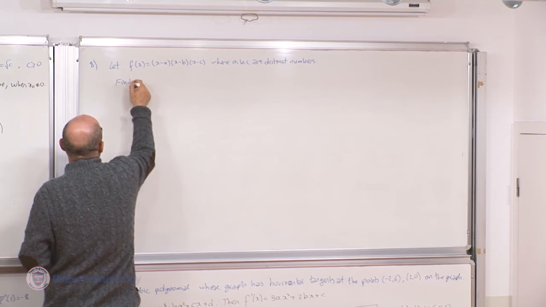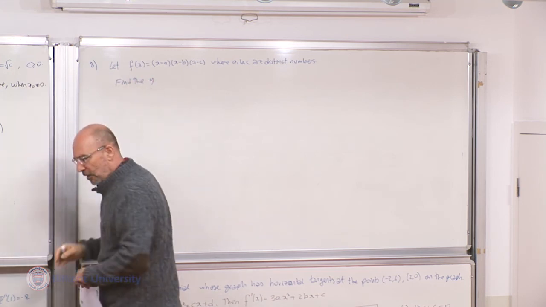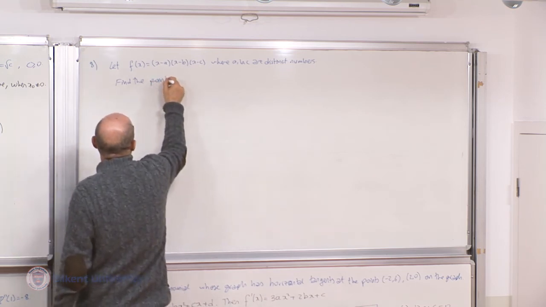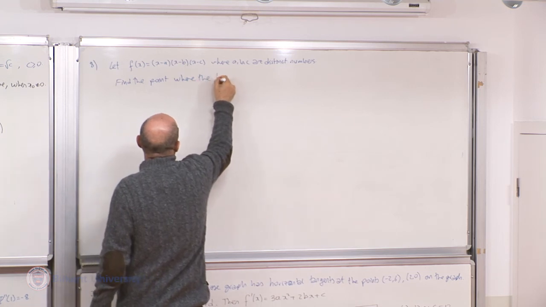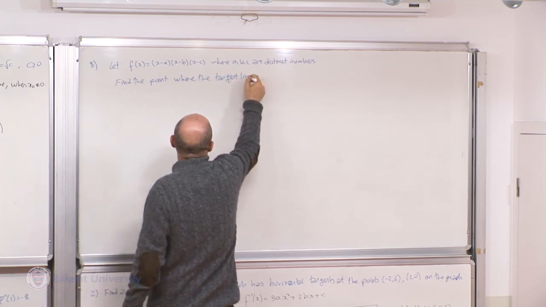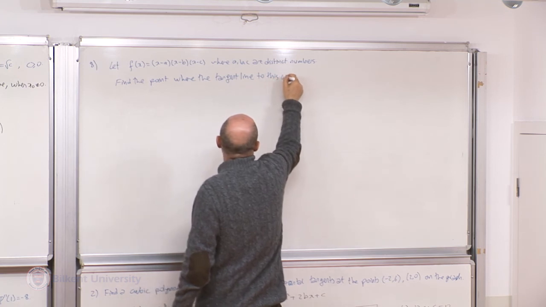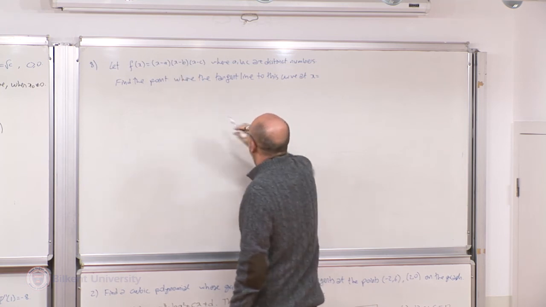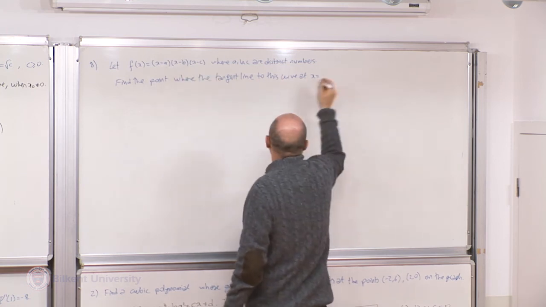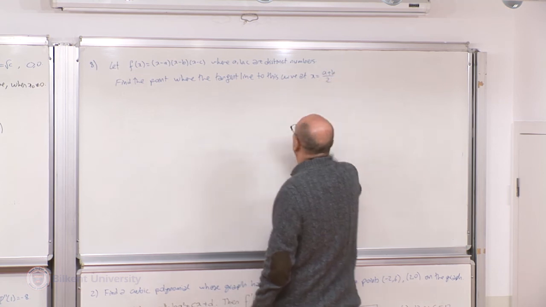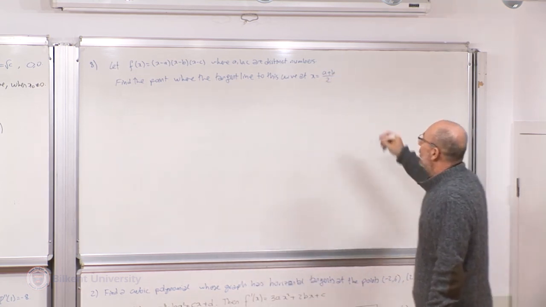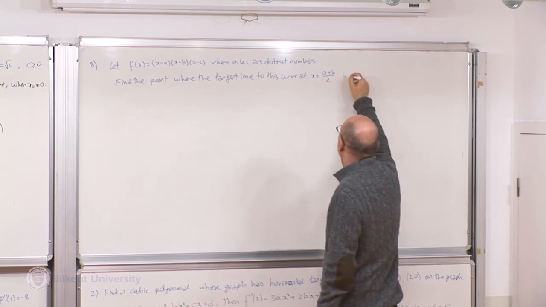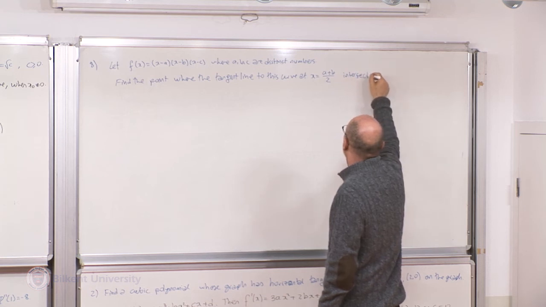Find the point where the tangent line to this curve at x equals the average of the two roots a and b, so (a plus b) over 2, intersects the x-axis.